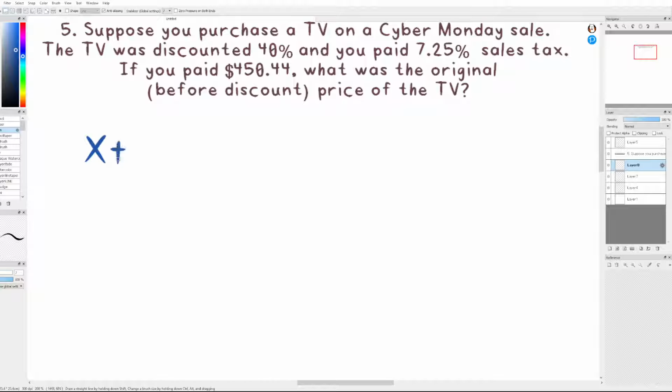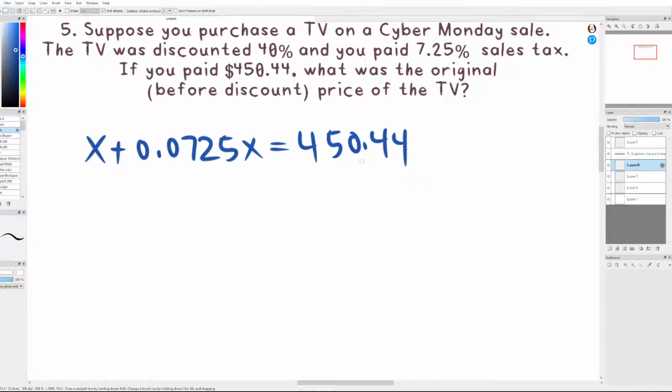X plus 0.0725x equals 450.44. And then once we have that, we'll say this is y.